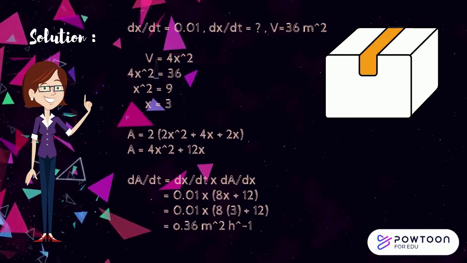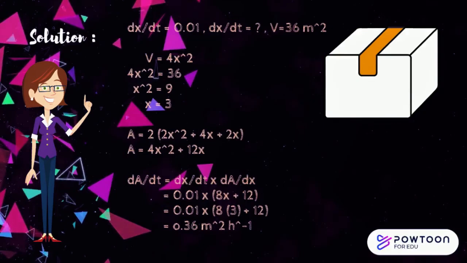So the last step is we need to find dA over dt. How do we know that? Because the question asks us to find the rate of change of the surface area. So from that, we know that the question wants us to find dA over dt. To find it, dA over dt is equal to dx over dt multiplied by dA over dx.